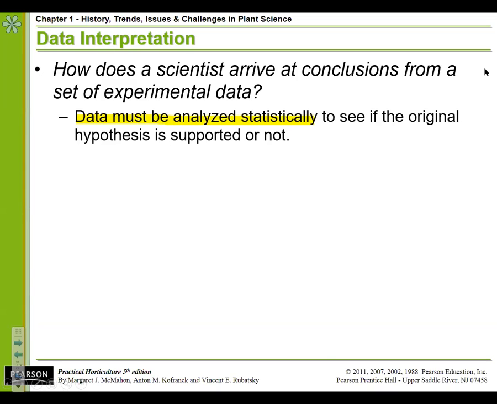They will send it to a statistician, whose job it is to analyze these statistics on a regular basis. So they're used to doing it, and they're more likely to do it correctly and remove any potential bias, because you can, in some cases, manipulate the statistical method of analysis in order to get the results that you want.